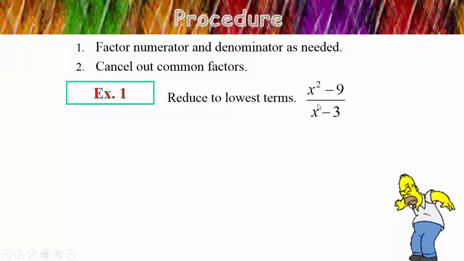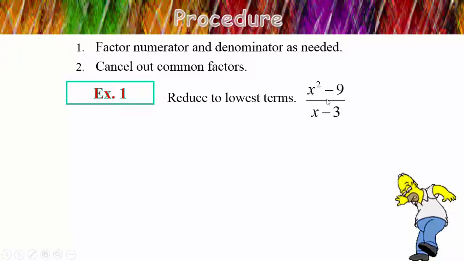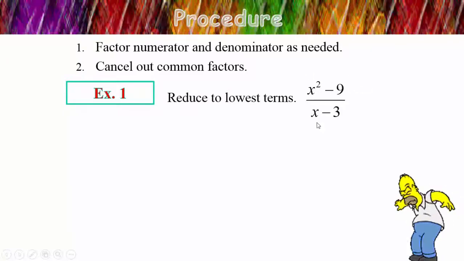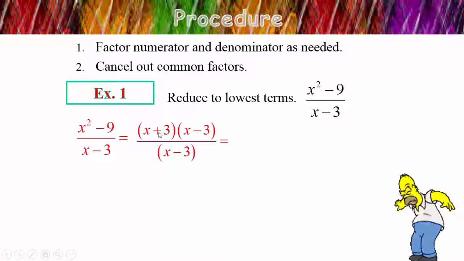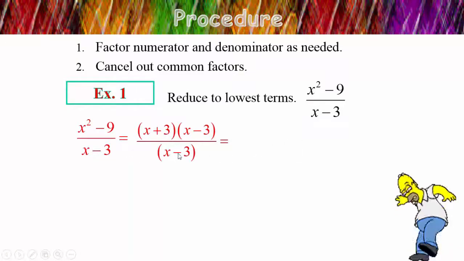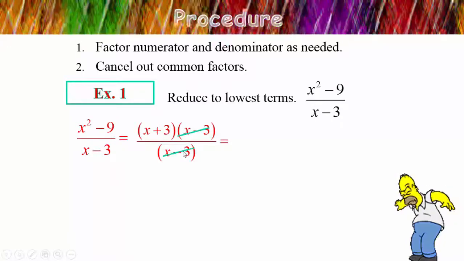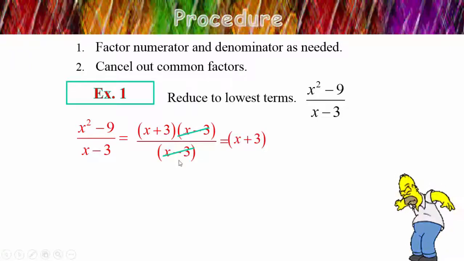So what we have to do is factor this as the difference of two squares. So we do that, and here we have x plus 3, x minus 3 over x minus 3. And now we can cancel out the x minus 3's to get x plus 3.